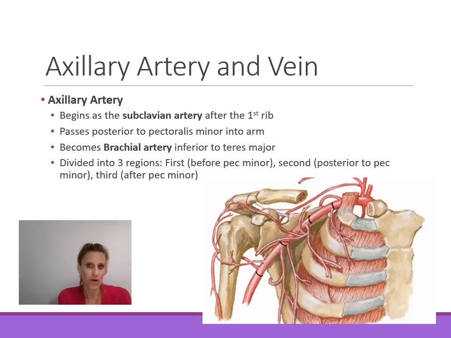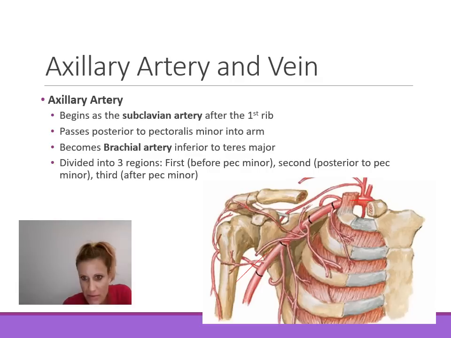The axillary artery and vein are big vessels that pass through the axilla as they cross into the arm or the upper extremity. The axillary artery begins as the subclavian artery.